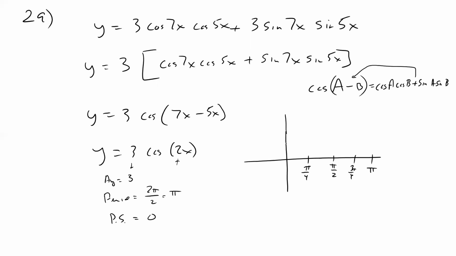And amplitude is 3. So 1, 2, 3, 1, 2, 3. So cosine curve, amplitude 3. And it goes out to pi by the time we do 1 complete cycle. So boom, how about that? Down to -3, up to 0, up to 3, done. Love it.